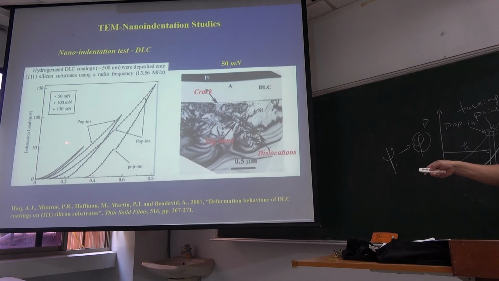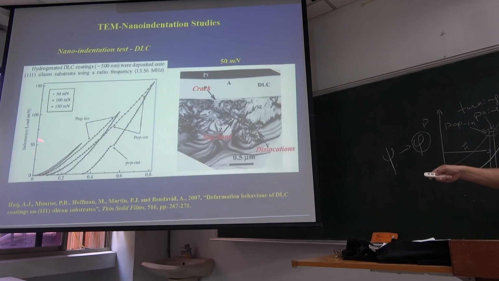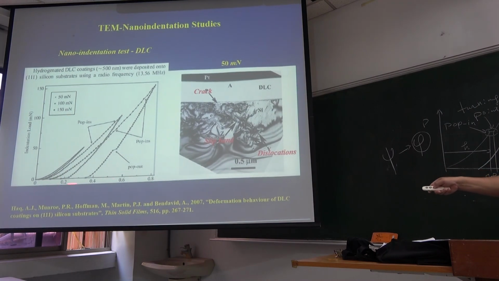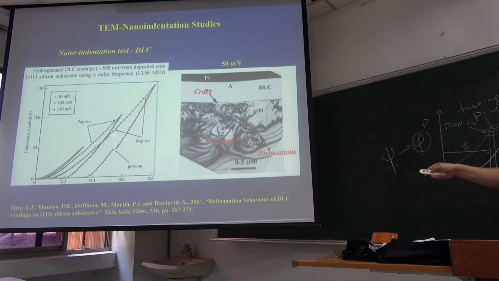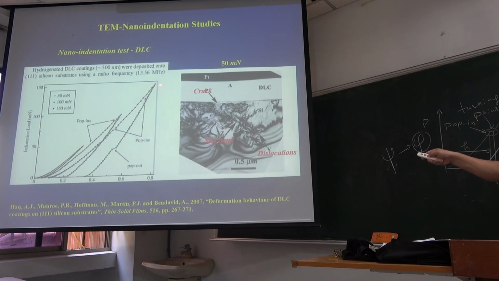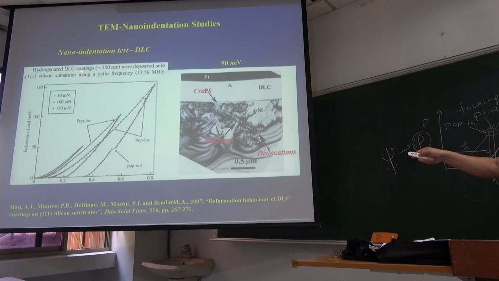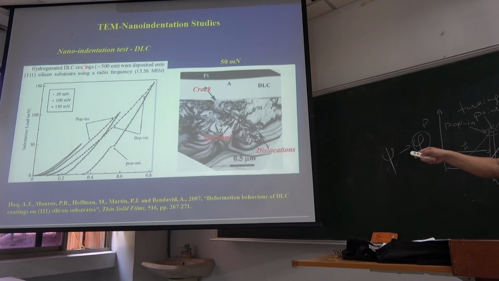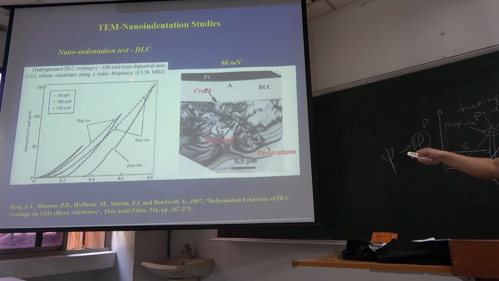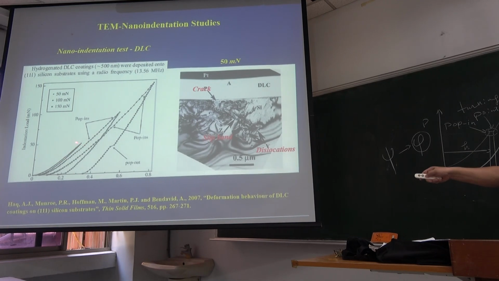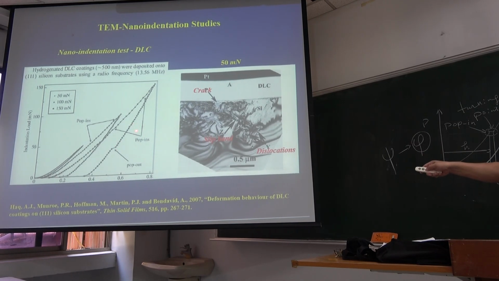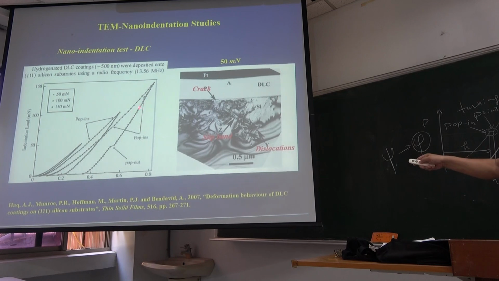Here is the load we apply, and this is the indentation depth. We find the maximum load can be changed. The material is DLC, the diamond-like carbon film, and we have different maximum loads.